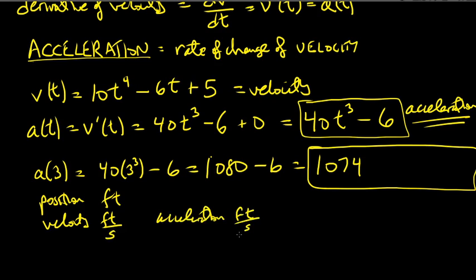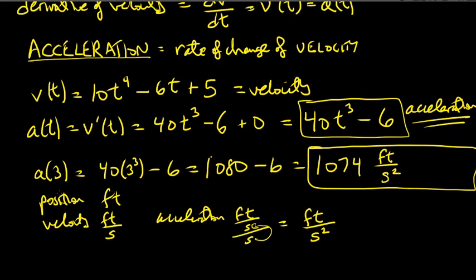It's feet per second, or feet per second squared, right? Because you take 1 over s and you just multiply s times s. So this is going to be in feet per second squared. Okay, so those are the units of acceleration.